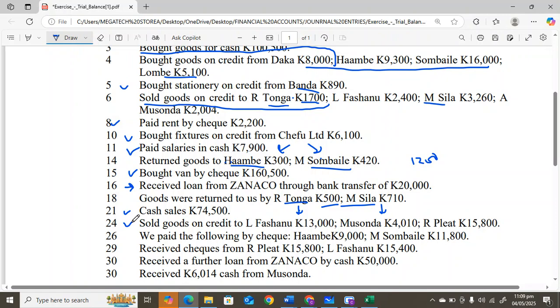Sold goods on credit to El Fashanu, Msonda, and Araplit. Here, these two are similar. The only difference is cash hasn't exchanged hands. So what are we going to debit and what are we going to credit?